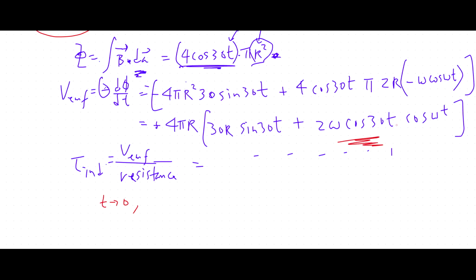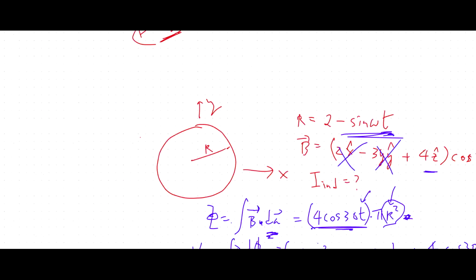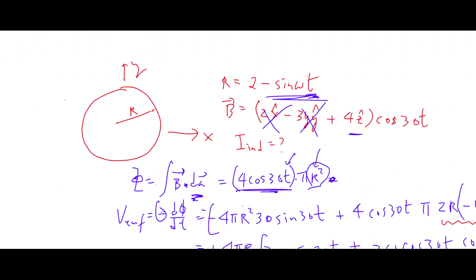Because this is 2R dR/dt. So you say when time is 0, the radial oscillations dominate. Right? Are we okay? And then look at this picture. We say the radius oscillation dominates.